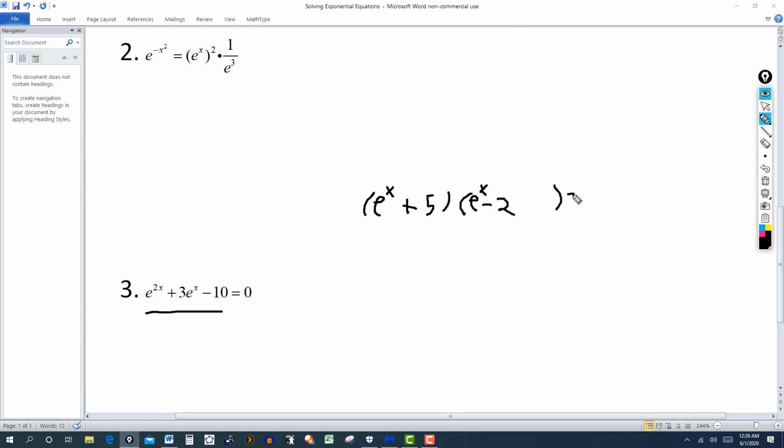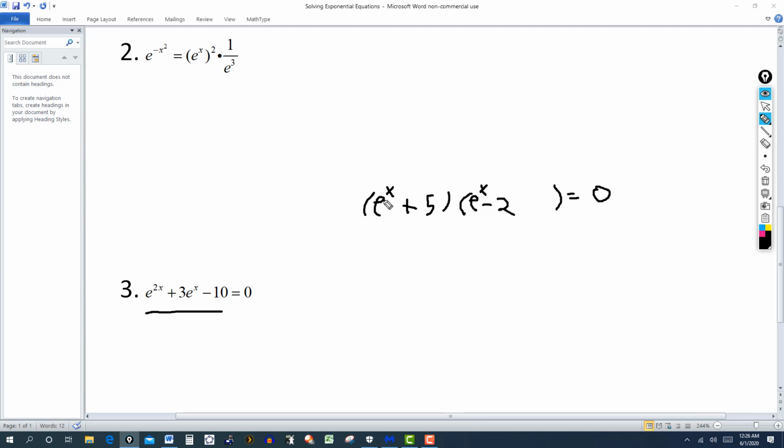And that should be equal to 0. So this is kind of just like solving x squared plus 3x minus 10 equals 0, except in this case, the x is e to the x. So again, we can easily solve for e to the x here, setting each factor equal to 0.